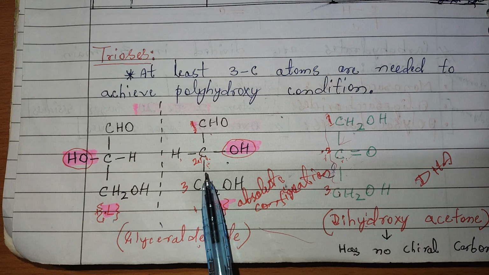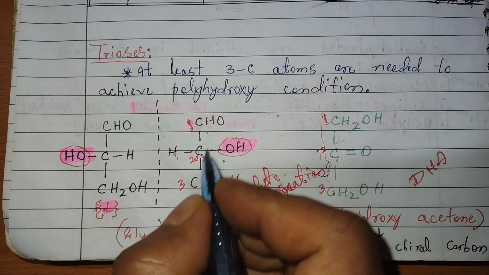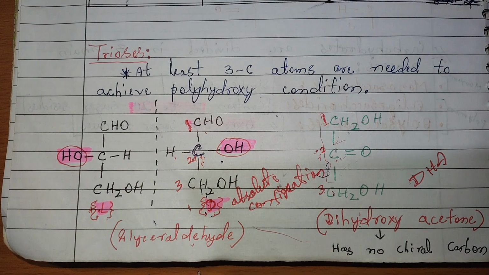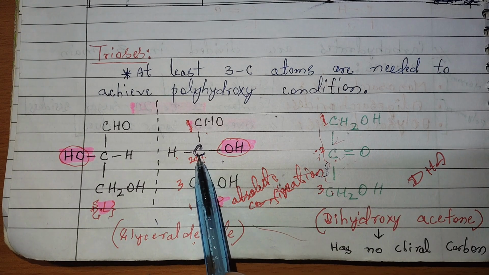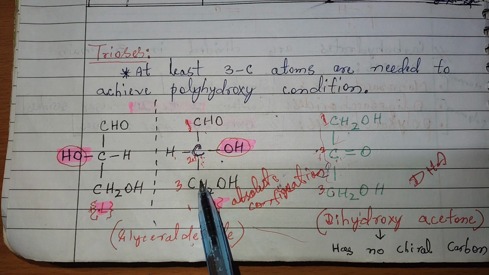Here, glyceraldehyde possesses one chiral carbon. Chiral carbon means a carbon atom which has 4 different groups attached to it. As we know, carbon has a valency of 4.